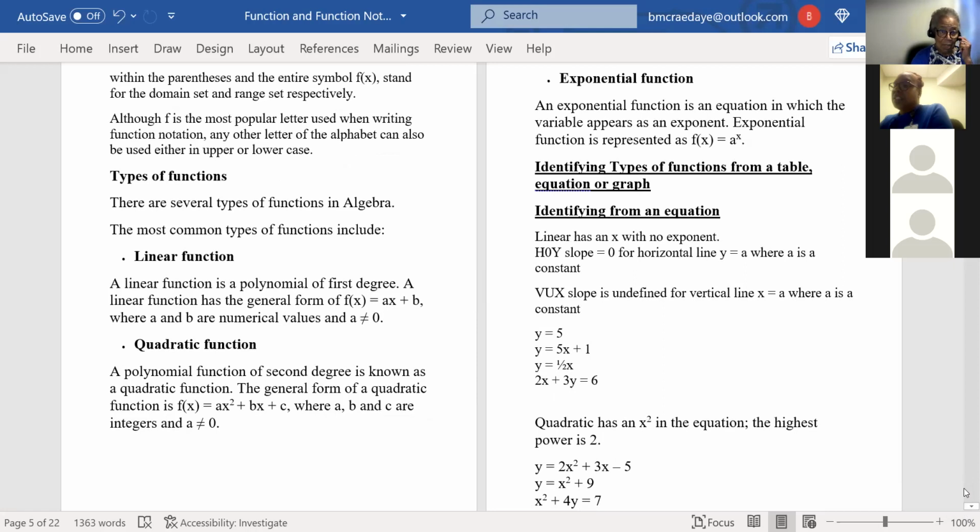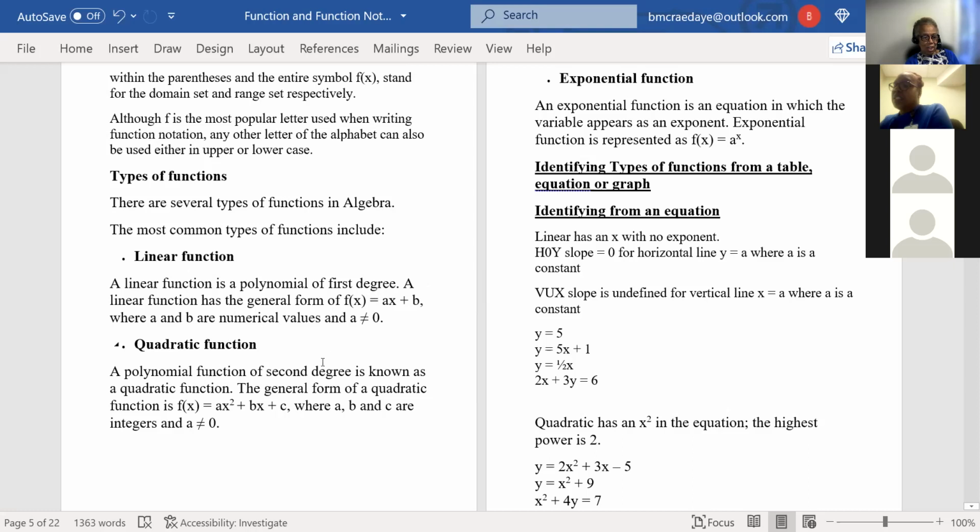Exponential, the function is represented by the power as the variable. So linear is like our slope intercept form, where we have y equals mx plus b. That's linear.